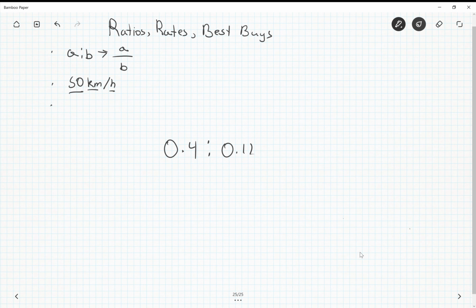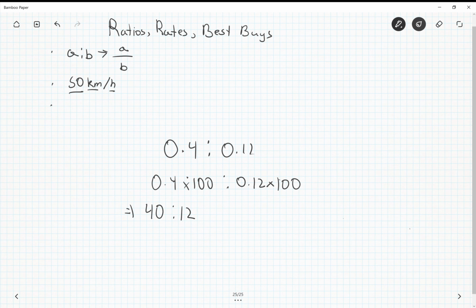So if we times both by 100, it would be 0.4 times 100 is to 0.12 times 100, and now that would equal 40 is to 12.